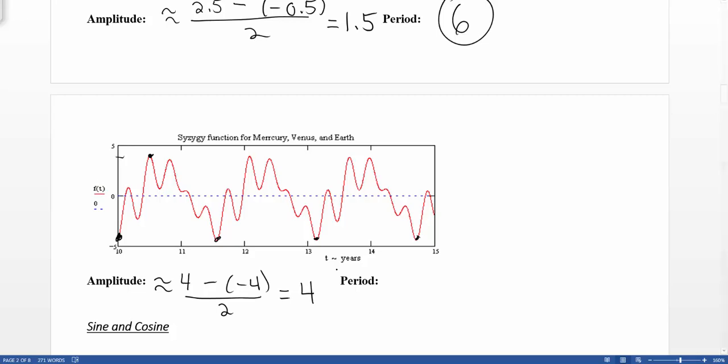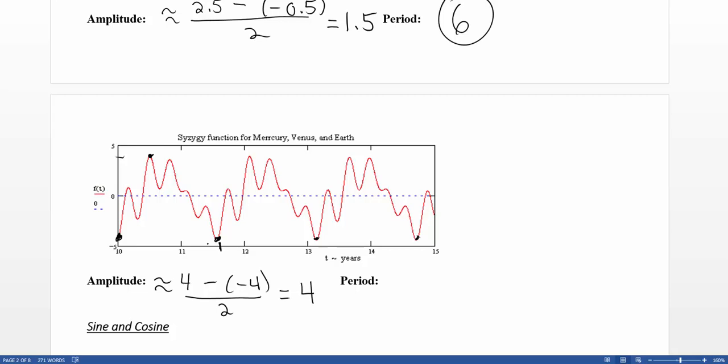Now, my period is how often I repeat. So what I can see here is that I've started at 10, and then I'm going until right about here. So I have to come up with a pretty good approximation of how far past 11 that is. I think it's a little more than halfway. I'm going to say that it goes out to about 11.6.